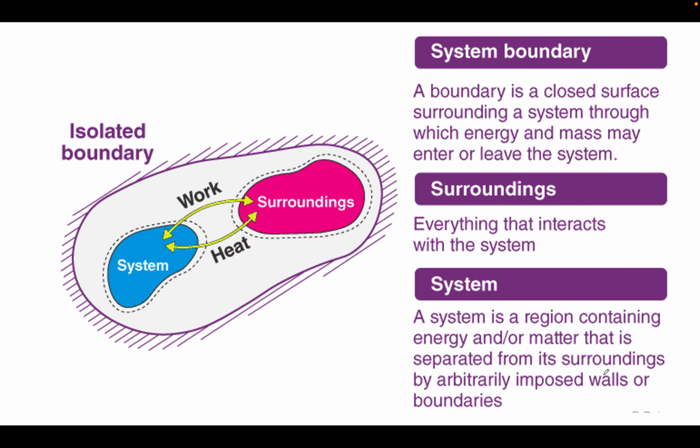Then here you can see how the system and surroundings can exchange heat, energy, mass, some work can be done by the system, and work can be done on the system. This boundary is isolated, for example, the vacuum flask. This means there is no transfer of energy, no transfer of mass from this particular system to its outside.